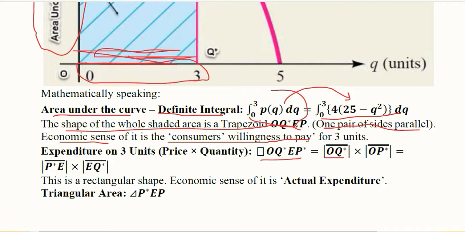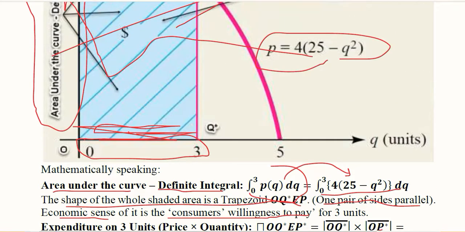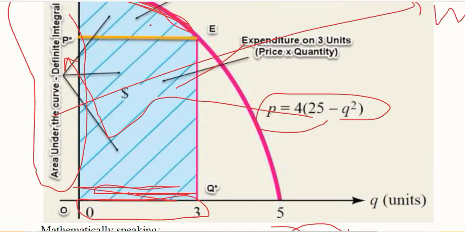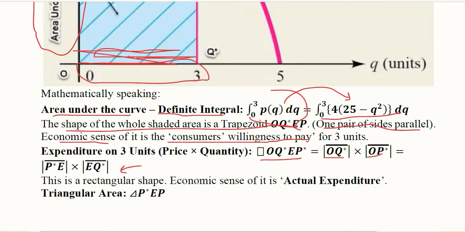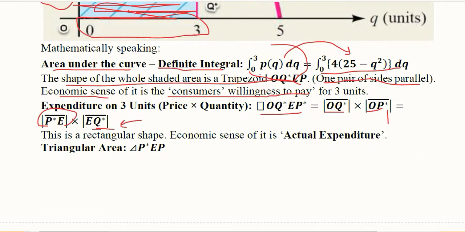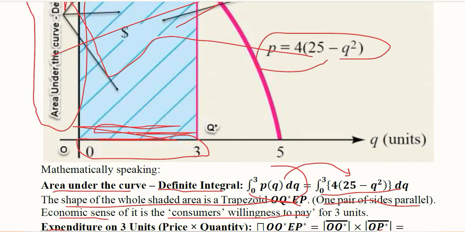This is the length into width, and it can also be written like this. You can pause the video and see how these notations are used: OQ* and P*E, and then OP* and EQ*. So this is actually the expenditure that we have done, the output that we have at equilibrium, and the price that is there at equilibrium.